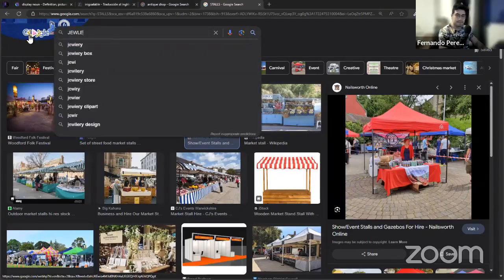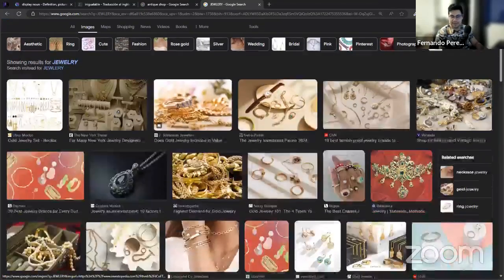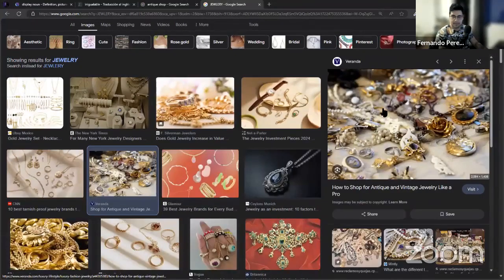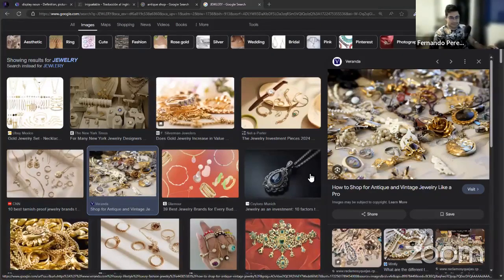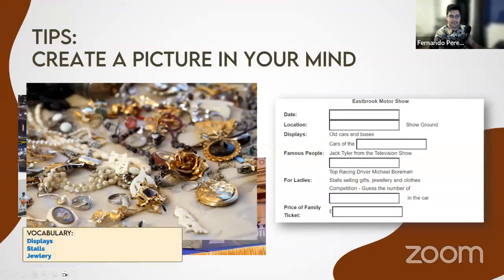And finally, jewelry: all the different things that you can wear as an accessory, rings, collars, necklaces, bracelets, earrings, even piercings, they are jewelry too. So technically, this is the new vocabulary. Displays as a noun is technically B2.